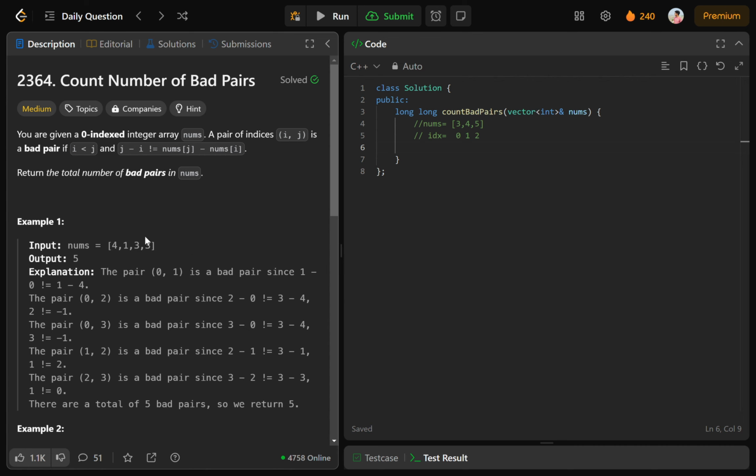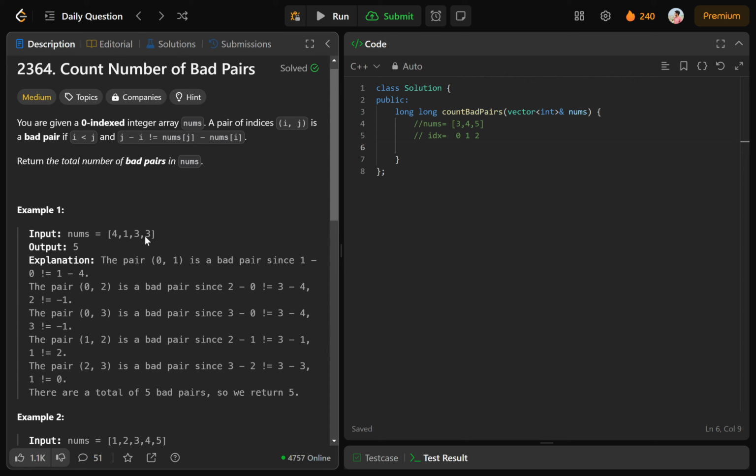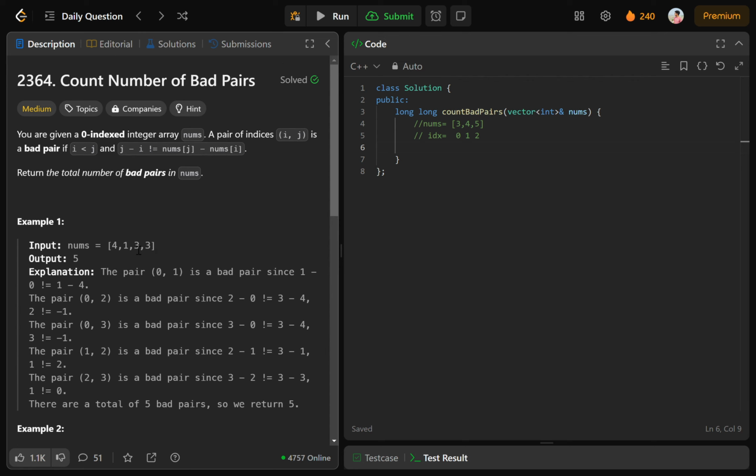So what will our approach be? We can't find bad pairs easily, but for every element we can find good pairs easily. The total number of pairs for every element on the left side will be the index.